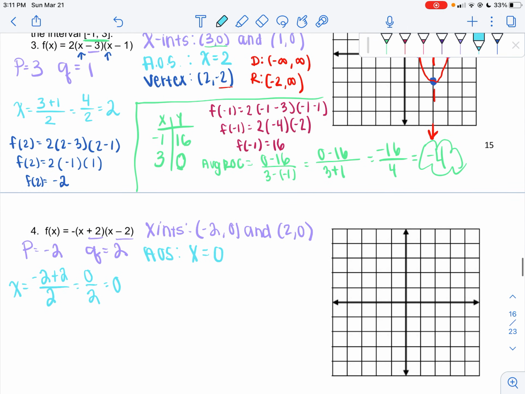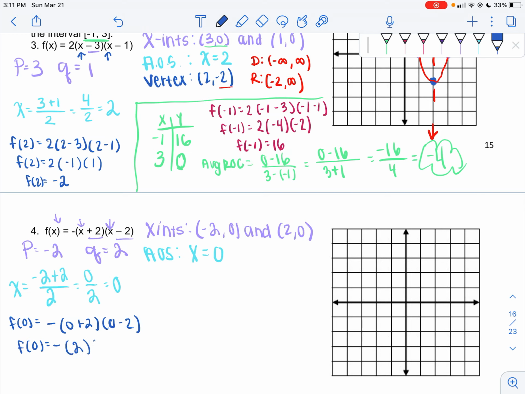Now we want to find the y value of the vertex. So everywhere we see an x, we're going to put in 0. So f of 0 equals, we still have that negative out front, 0 plus 2 times 0 minus 2. Still have that negative out front, and we're going to simplify inside the parentheses.